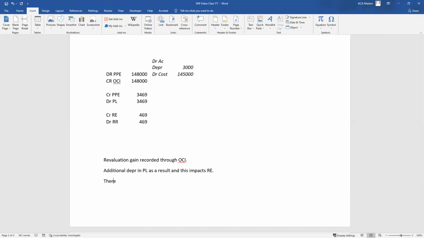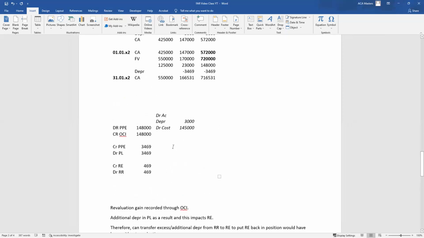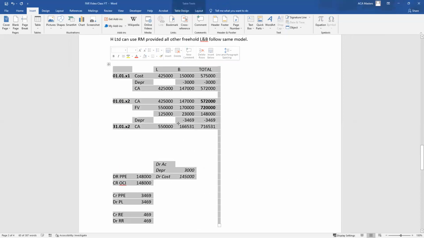So you say, therefore, can transfer excess additional depreciation from revaluation reserve to retained earnings to put retained earnings back in the position it would have been without the revaluation. And therefore that's quite clear what we've done.